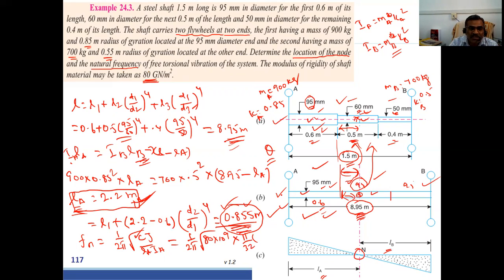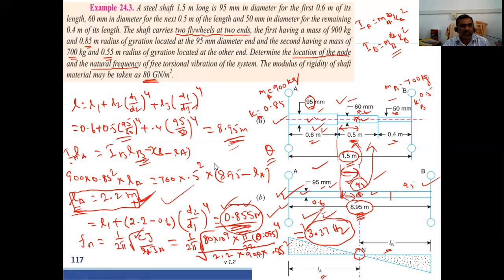You have to put the equivalent shaft diameter, 95 mm, so 0.095 power 4, divided by LA. LA is 2.2 into IA. IA is equal to m into k square, M is 900 into 0.85 square. This is whole root. From this you can find the natural frequency. How much is it? 3.37 hertz. This is the way you have to solve this problem.